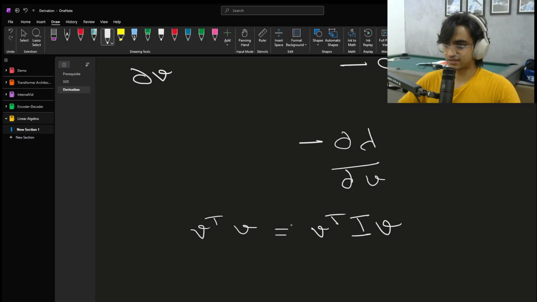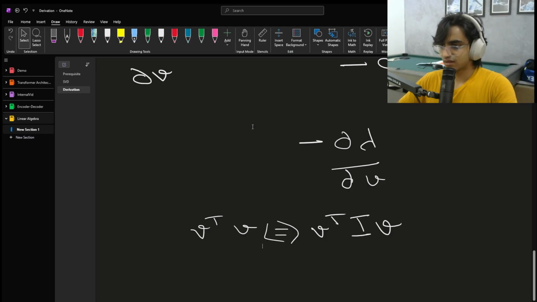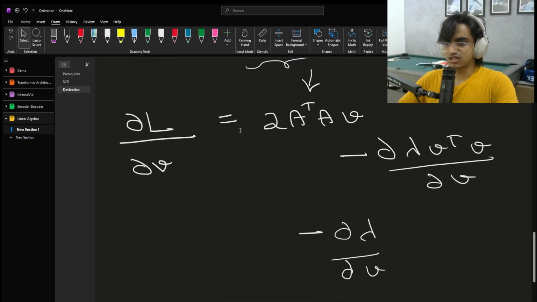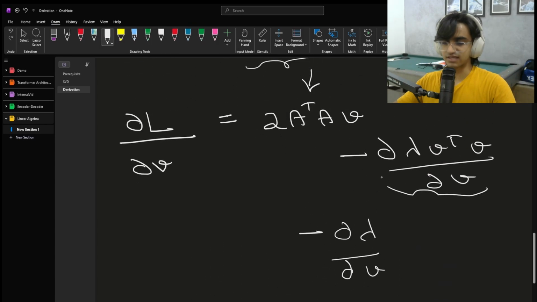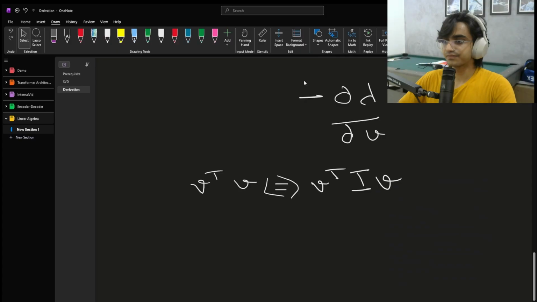So these two are one and the same. So essentially, what this term will become, since lambda is a constant, we can just push it out. So this will just become 2 lambda V. Well, technically 2 lambda IV, but that's the same thing.